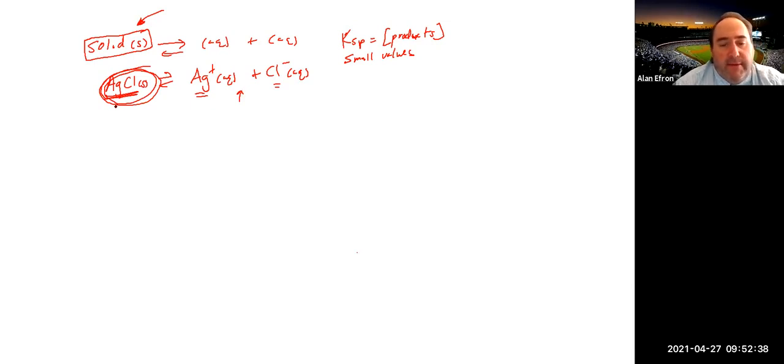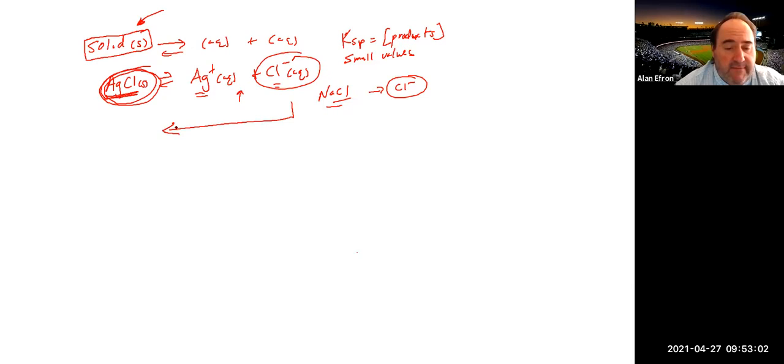So we talked a little bit about solubility and things that affect solubility. One thing that affects solubility is the common ion. We did some problems last time about common ions. For example, if we had some sodium chloride in there, that would supply some chloride. That would be like adding chloride, which would cause the equilibrium to shift to the left.